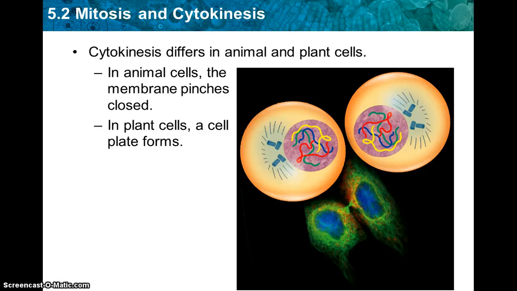So a plate pinches it off, and then in animal cells, it actually kind of separates and pinches apart, which you can see in the picture there. And then you have two different, complete, identical cells.